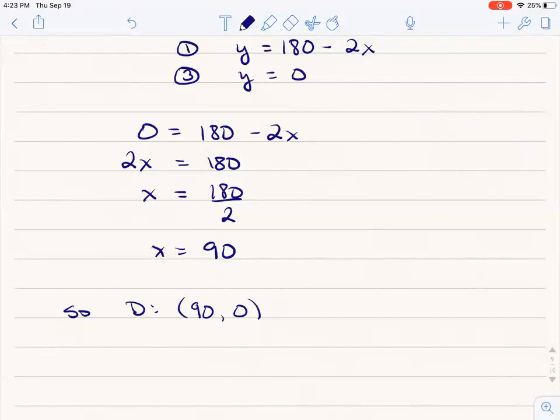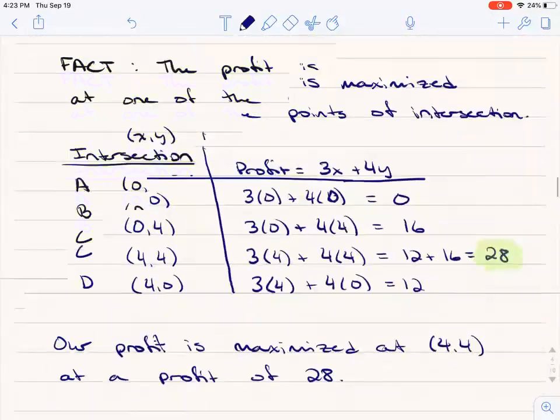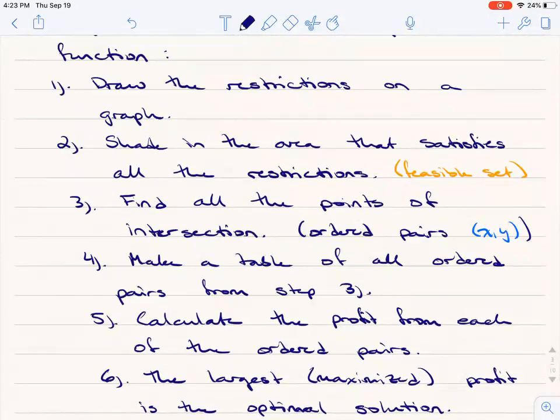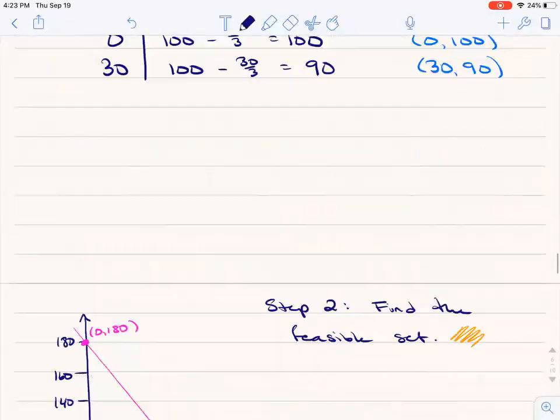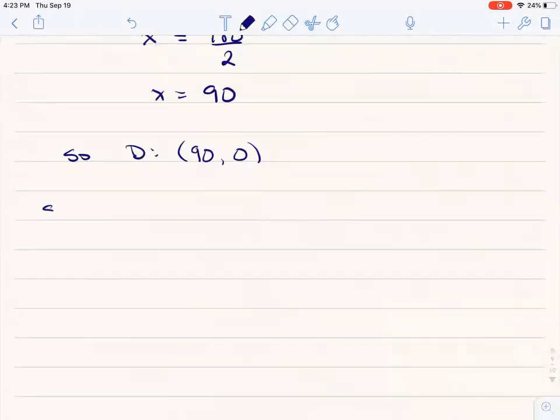Okay. So now, that was what step? I'll have to scroll all the way up here. Hang on. That was step 3, find all the points of intersection. Now we know what all those ordered pairs are. Step 4, make a table of all the intersections.